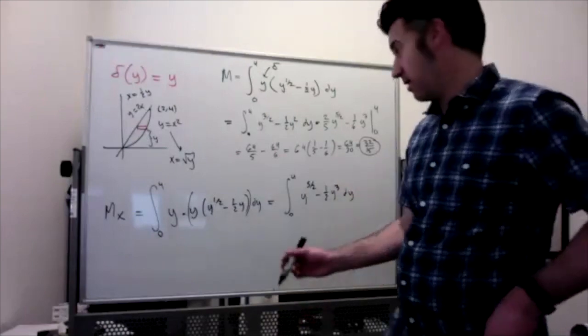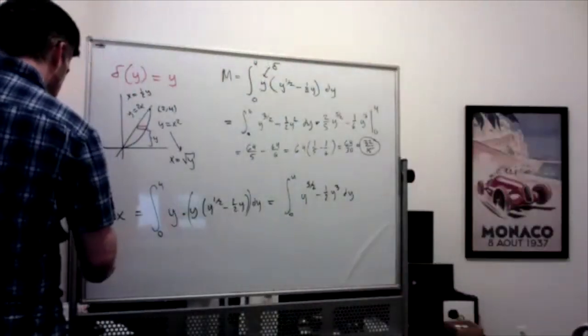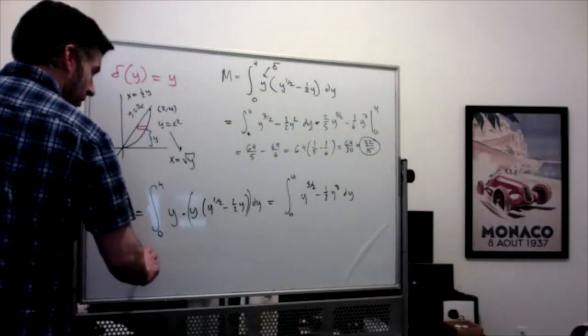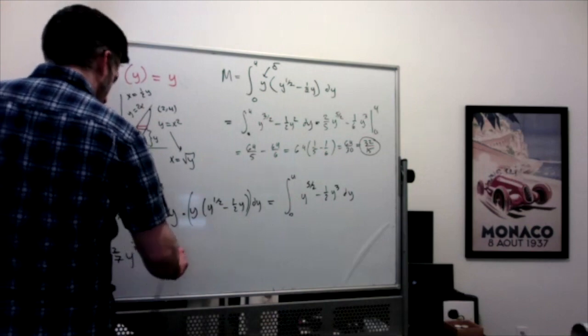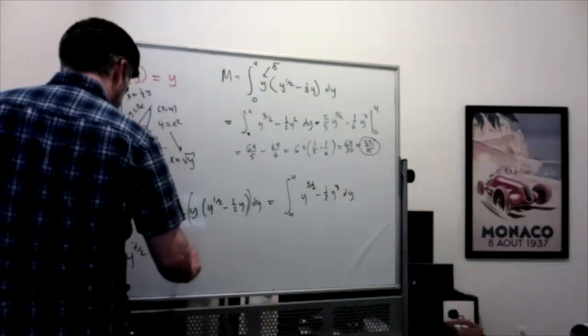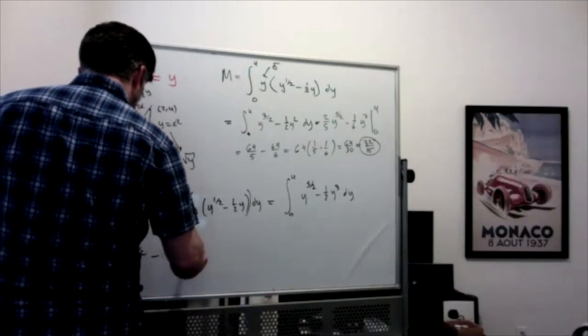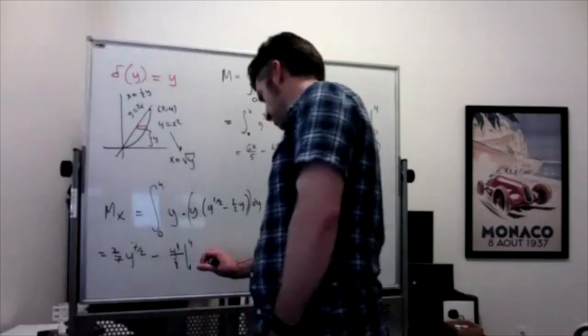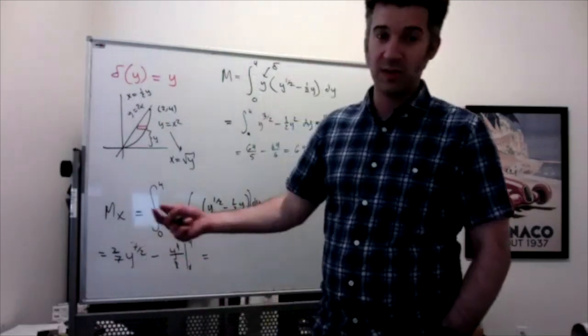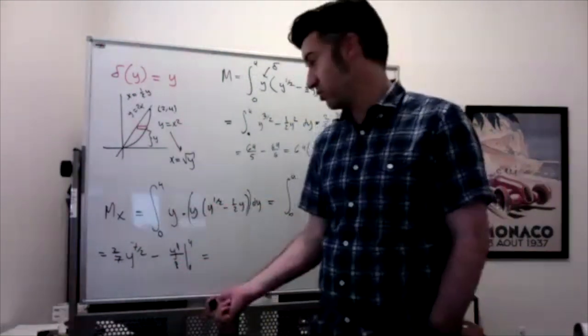And when I integrate that, I'm going to get 2/7 y to the 7/2 minus y to the 4th over 2 times 4, which is 8, from 0 to 4. Okay, things are getting dicey. 4 to the 7/2 is the square root of 4, which is 2, to the 7th power, which is 128.